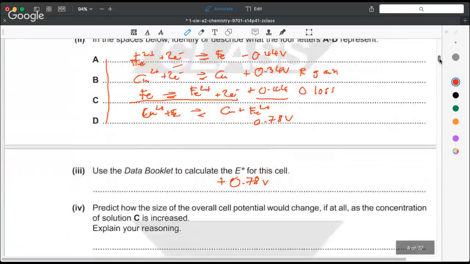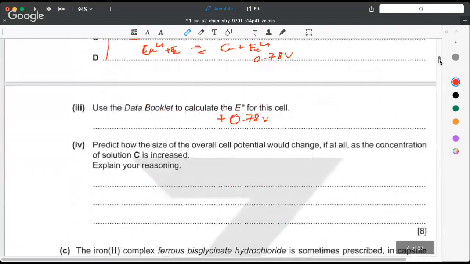So for this one, where's my pen? We've got this, the standard electrode potential that we looked up in the data. Sorry about my writing, guys. And that was negative, wasn't it? That was -0.44 volts.